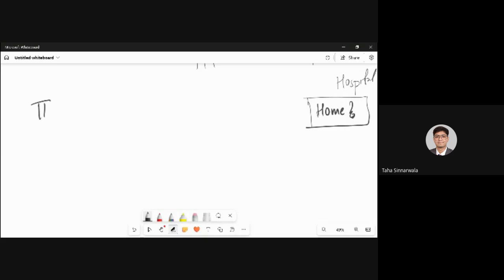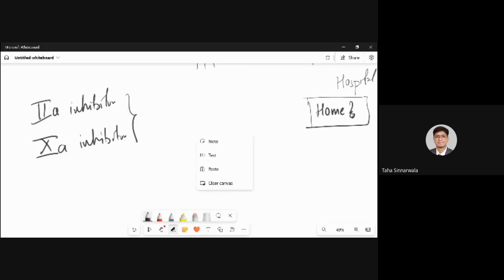One of them is a factor 2A inhibitor, and the other one is a direct factor 10A inhibitor. Now, both of these are under the classification of direct oral anticoagulant agents.